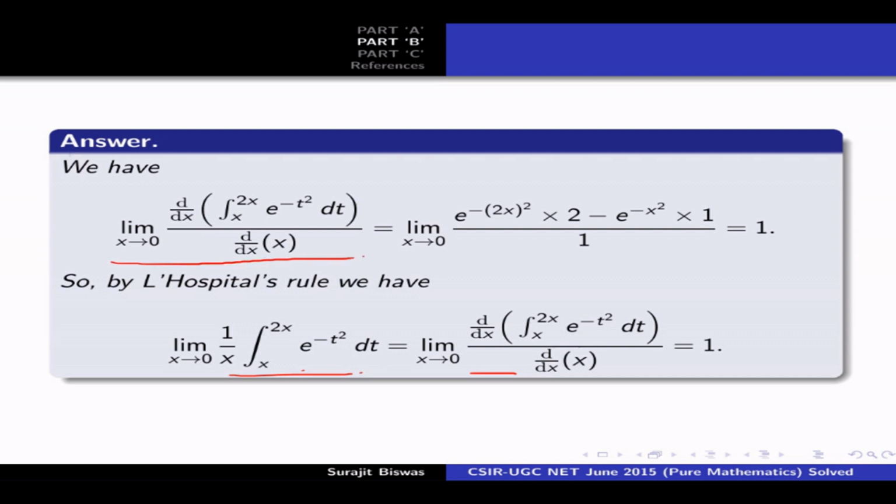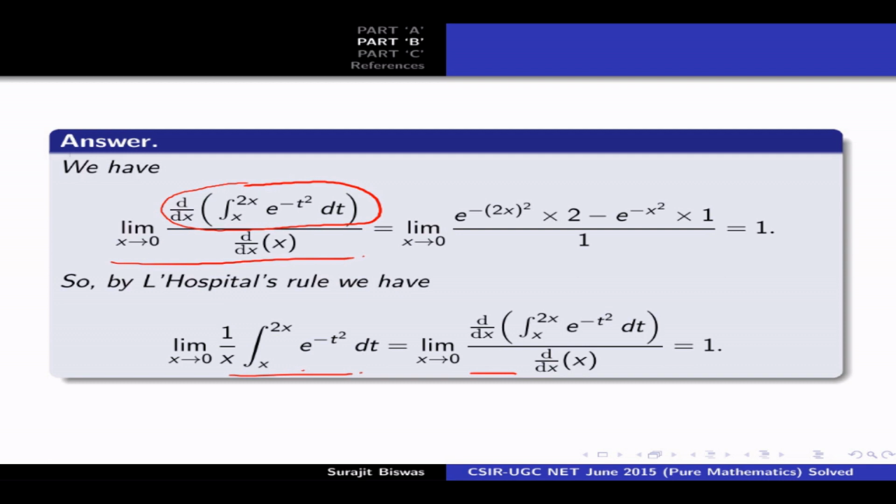This limit we first want to compute. To compute this limit, we apply Leibniz theorem to compute this derivative, and it would be e to the power minus 2x square.